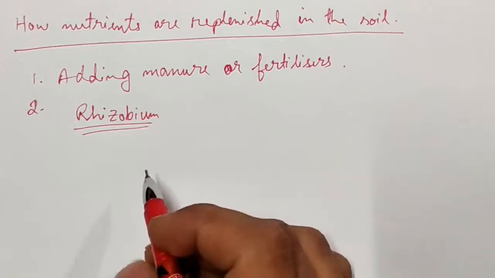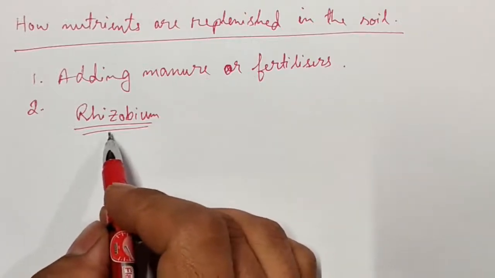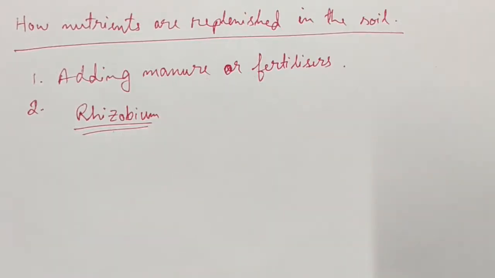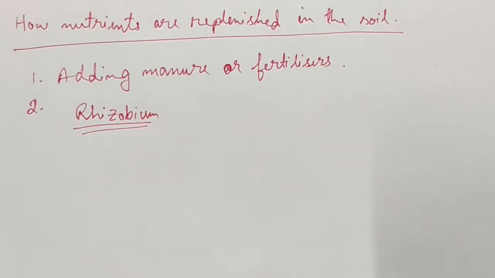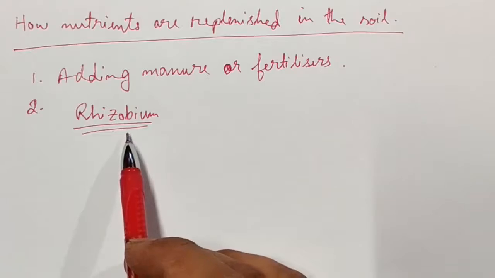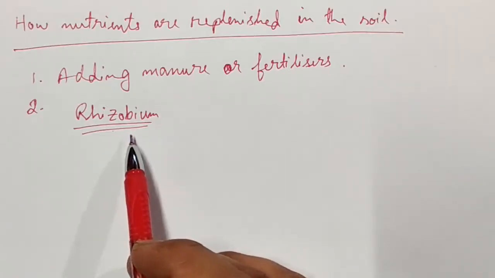So rhizobium bacteria and leguminous plant have a symbiotic relationship, since the leguminous plant gives shelter to the rhizobium and the rhizobium gives the nutrient, that is the food nitrogen, to the plant.